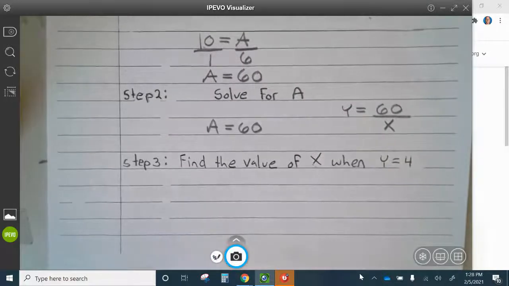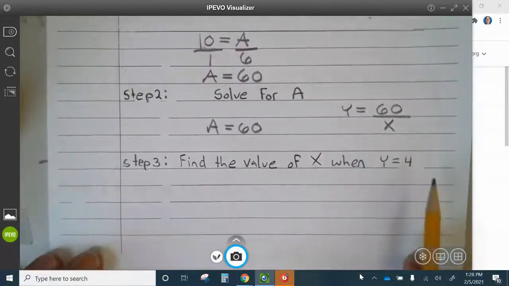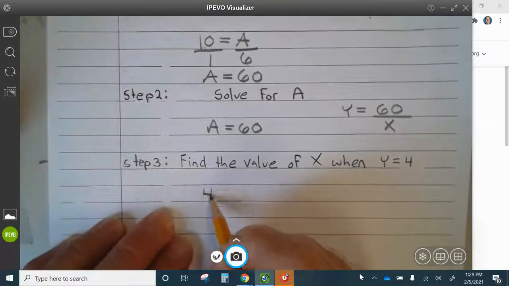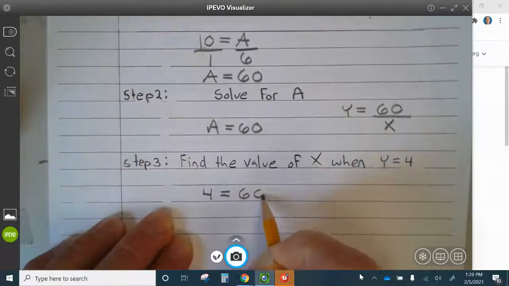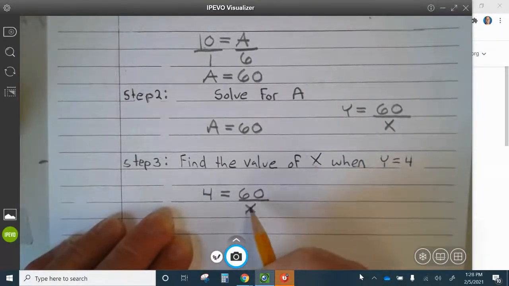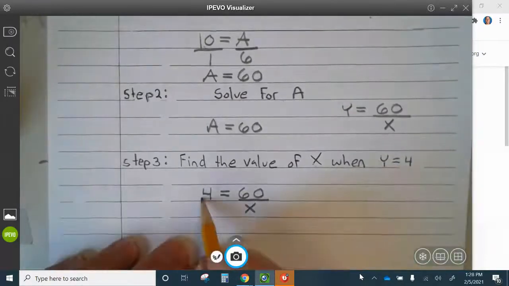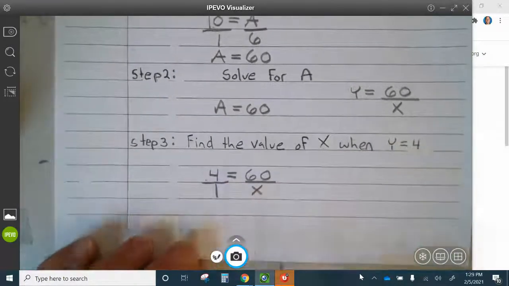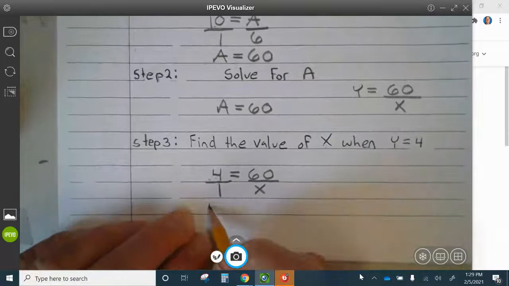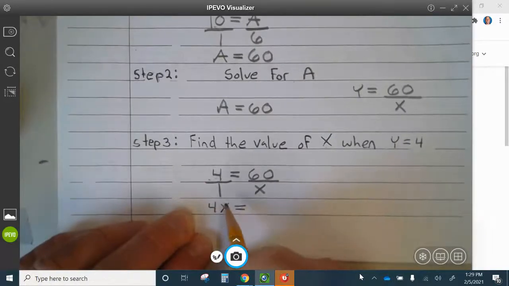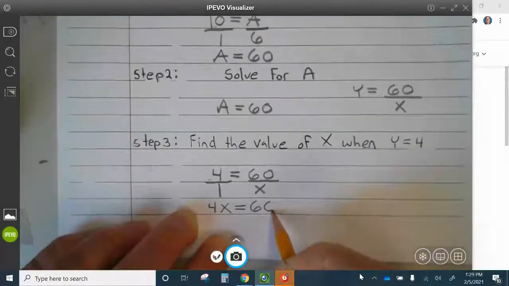Okay, step 3, find the value of x when y equals 4. So we plug in 4 into here, so 4 equals 60 divided by x. We cross multiply, so 4 times x is 4x. 1 times 60 is 60.